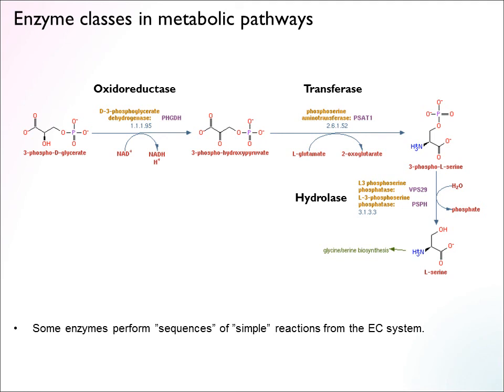The overall reaction doesn't really fit in the EC system, but the separate reactions that make up the pyruvate dehydrogenase complex do fit into the EC system. So you may run into some examples where this doesn't fit easily, but in most of the cases, this is a very good system for understanding metabolic pathways.